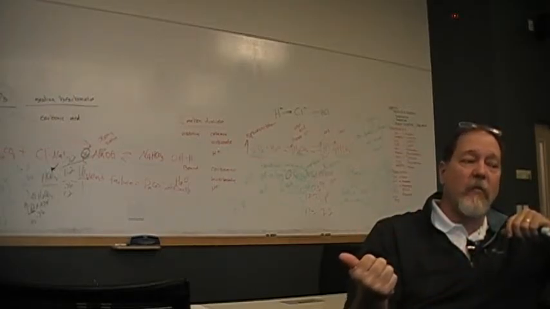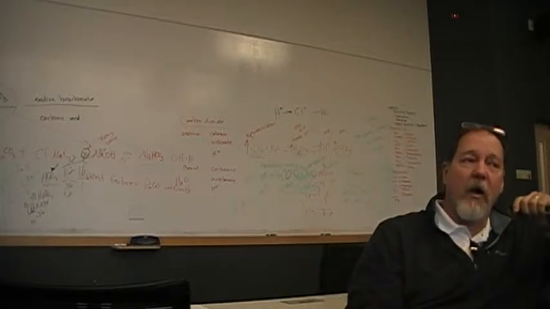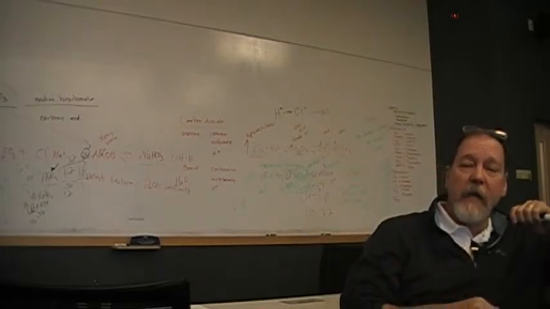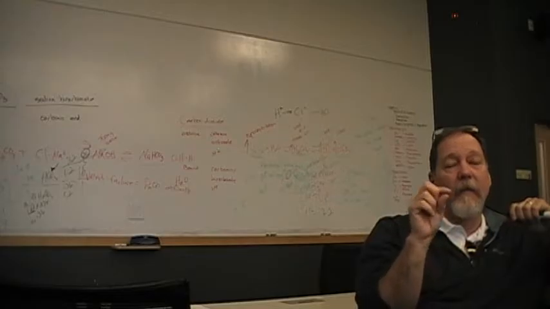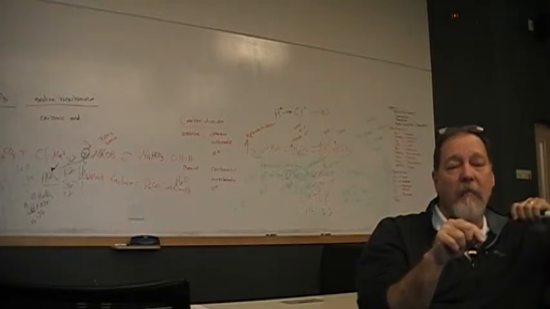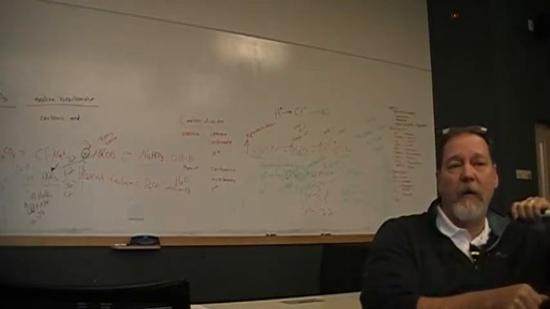The kidneys, would they retain or excrete bicarbonate? Retain bicarbonate in an effort to keep it 20 to 1. In respiratory alkalosis, would the kidneys compensate by retaining or excreting bicarbonate?